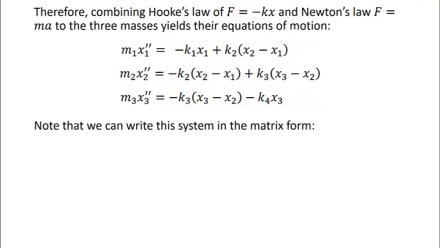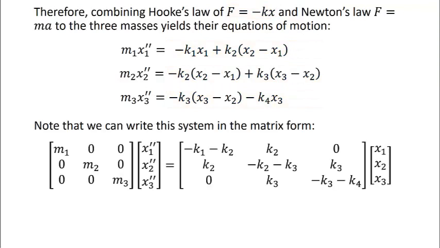Now, we can write this system in matrix form, where we have on the left-hand side a diagonal 3 by 3 matrix whose entries down the diagonal are our masses M1, M2, M3, times our acceleration vector, or our vector containing all of our second derivatives.